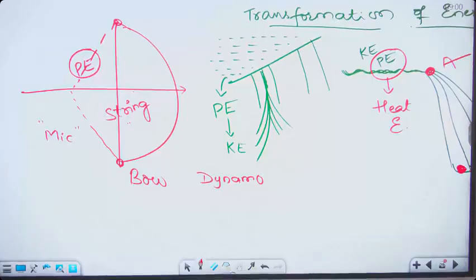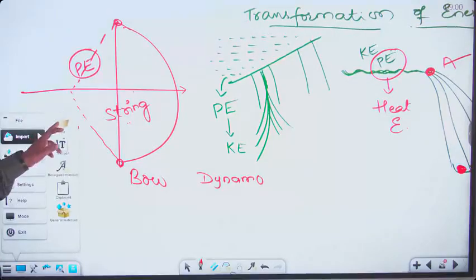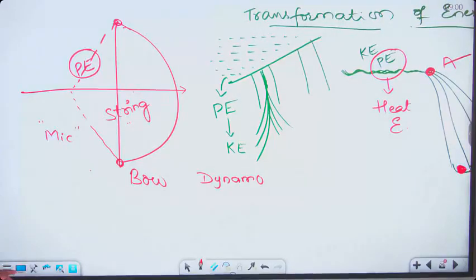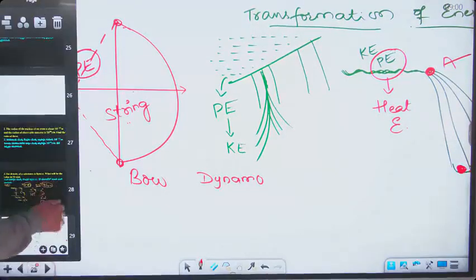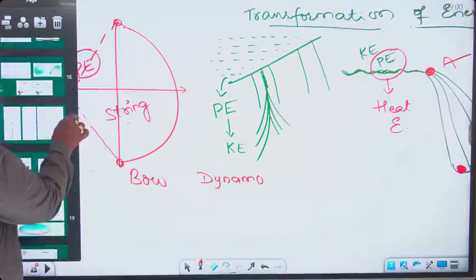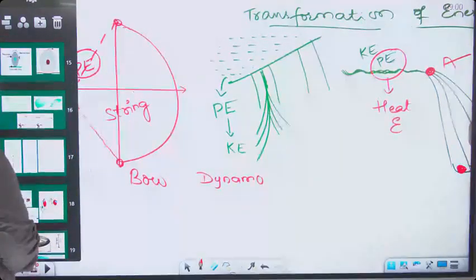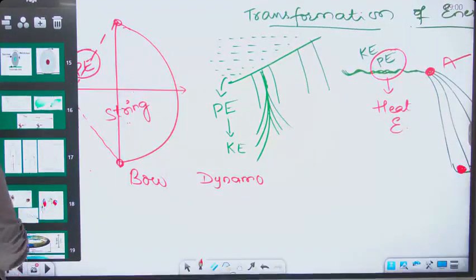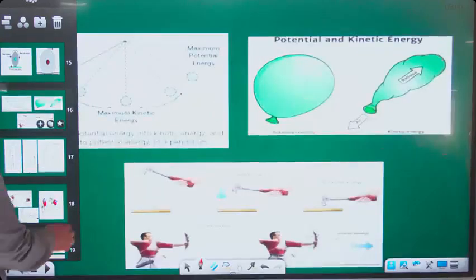Mic is a device. This is the previous question. Mic is a device which converts sound energy to electrical energy.